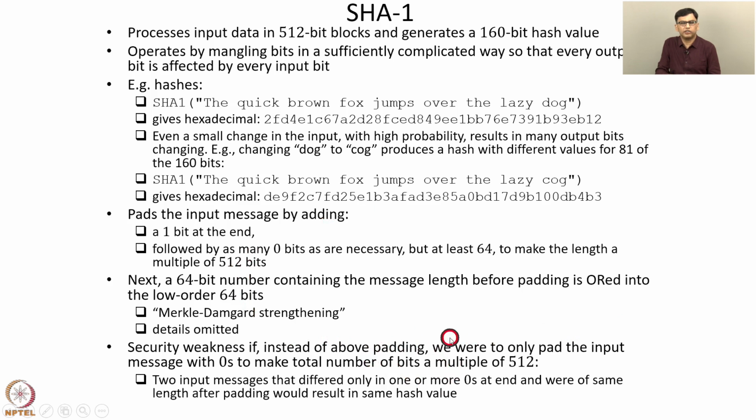So that's one reason we use Merkle-Damgard strengthening, we OR the length of the message represented using 64 bits into the low order 64 bits. So this is one reason, but we do not discuss the detailed reasons for Merkle-Damgard strengthening. So we omit the details. The reasons for using this particular strengthening are published online, so you can look it up if you are interested.